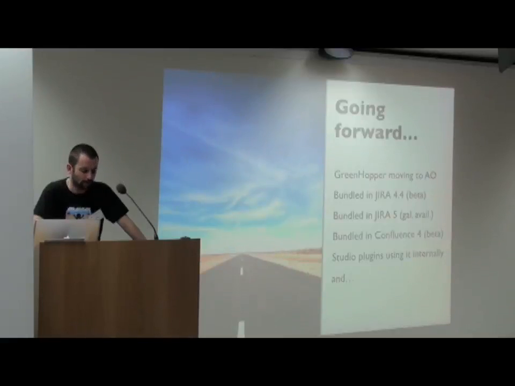So the idea is also to have the first version of Active Objects bundled in Jira 4.4. I've been working on that with some Jira developers, trying to fix the few issues here and there to make sure that it integrates well with Jira, especially around backup, restore, and the upgrade framework.